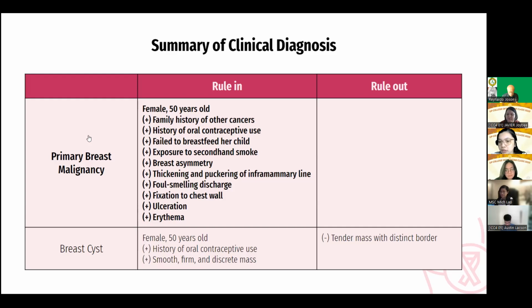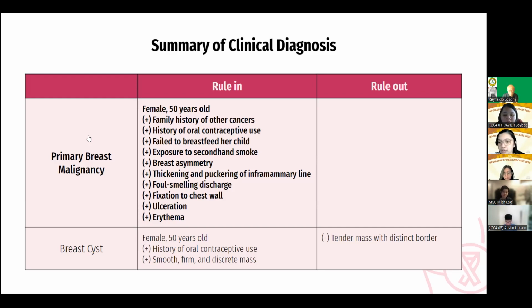To summarize what has been discussed by my groupmates, the patient is a female, 50 years old, with a family history of other cancers, a history of oral contraceptive use, a failure to breastfeed her child. She has exposure to secondhand smoke. She currently has breast asymmetry in her physical examination, a thickening and puckering of an inframammary line. There's foul smelling discharge, a fixation to the chest wall, ulcerations, and erythema present.